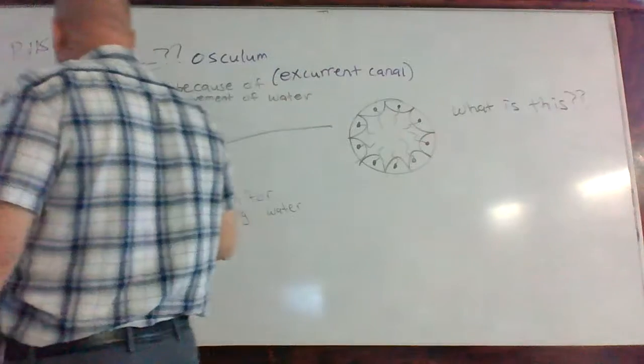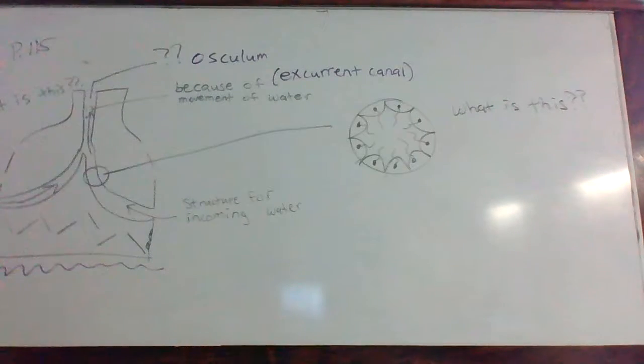Okay? So if we have an excurrent canal close towards the top, what are we going to have closer down to where water's coming in? An incurrent canal. So that's what we're looking at here. Here is your incurrent canal.